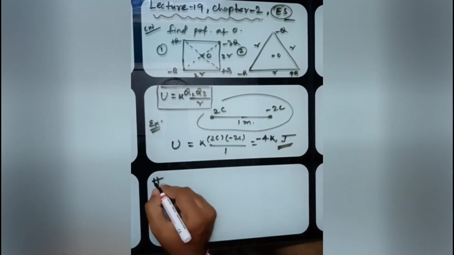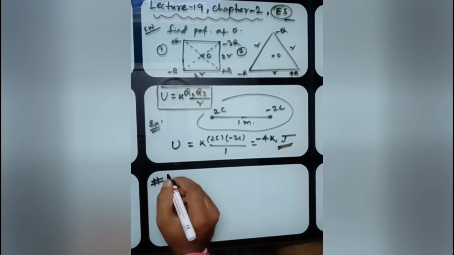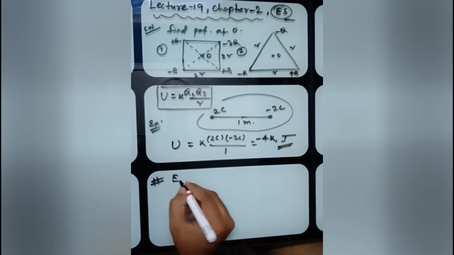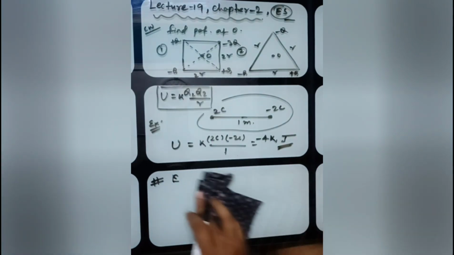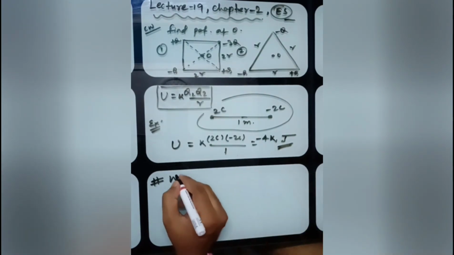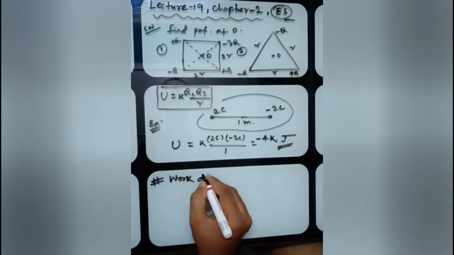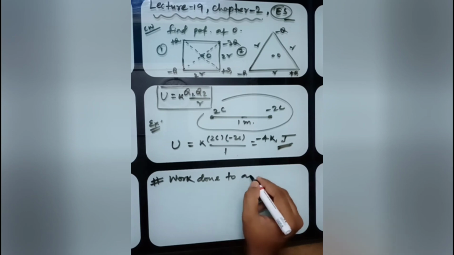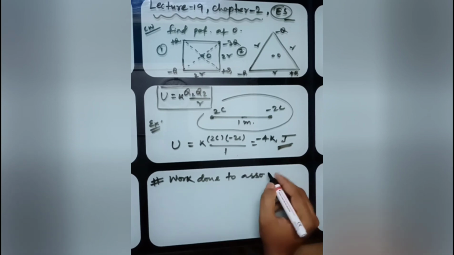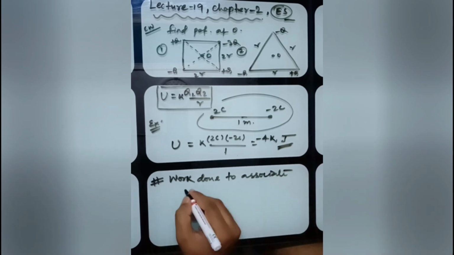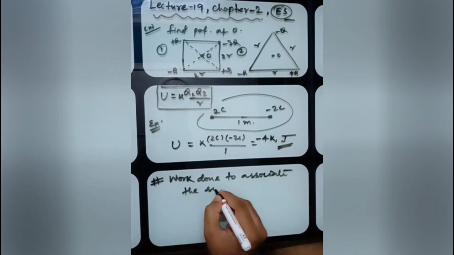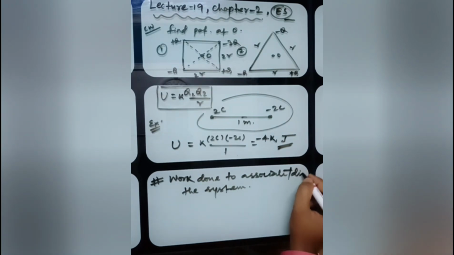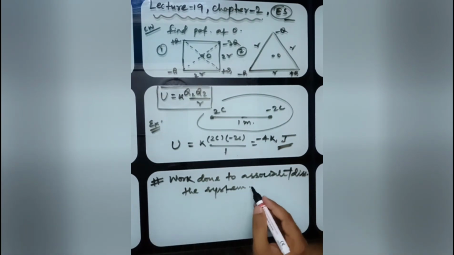Okay, students. Now the next one, students, we are going to study over here the energy for association or dissociation, or the work done to associate or dissociate the system.